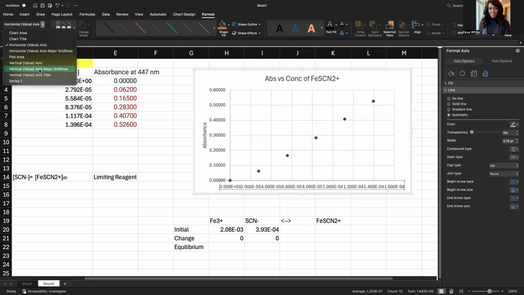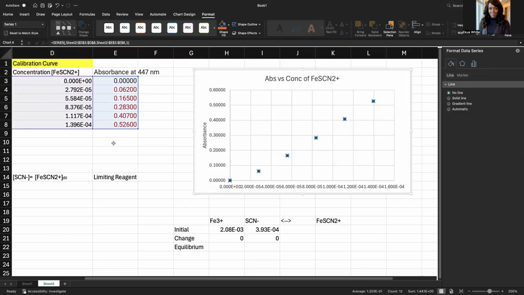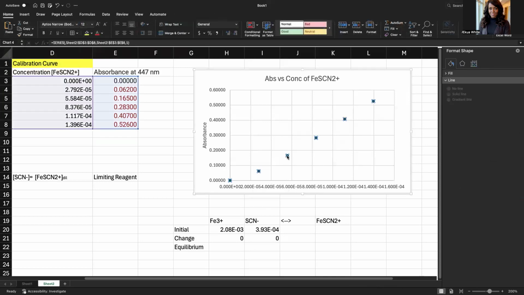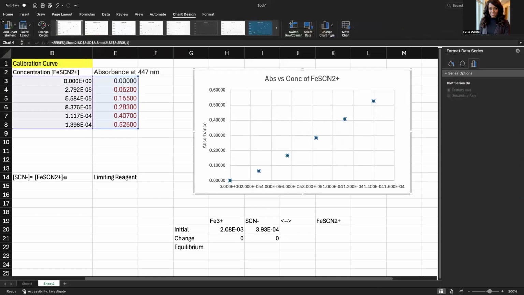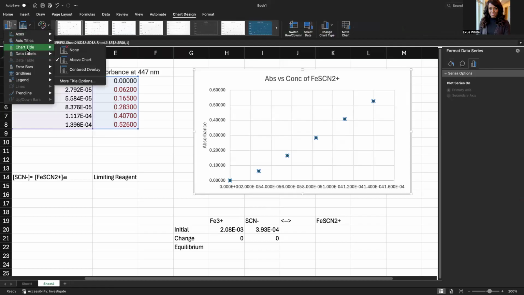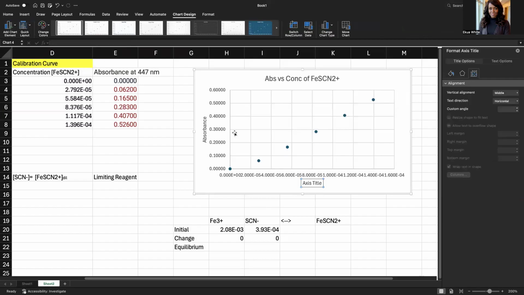Oh, yeah. Add chart element. There it is. Horizontal. And this should be concentration right here, right? So CONC, concentration.